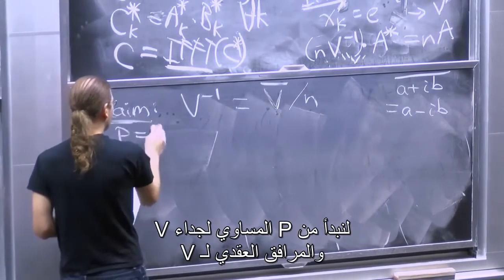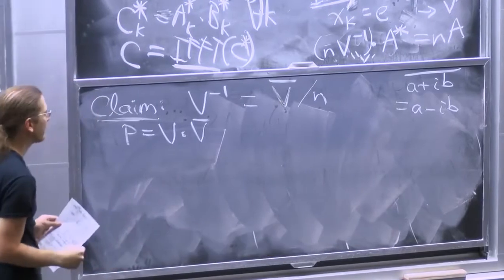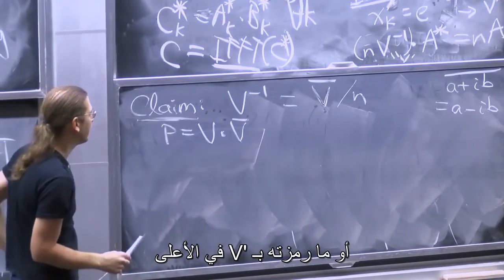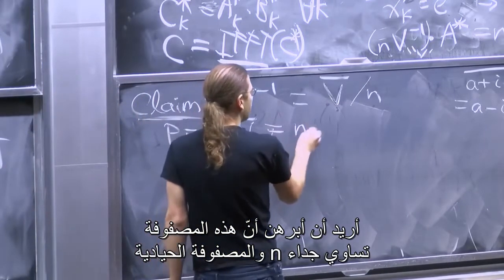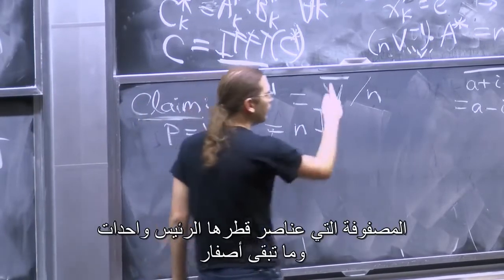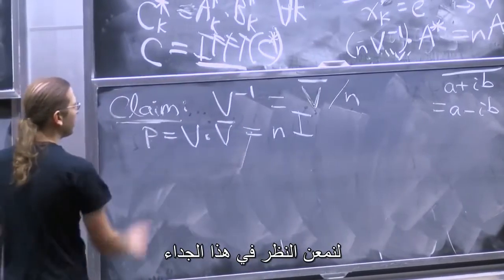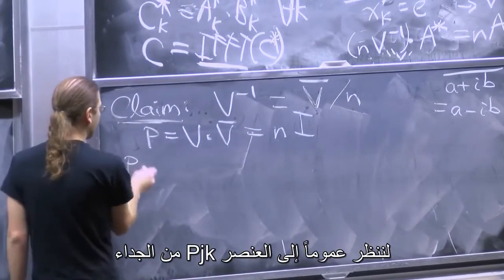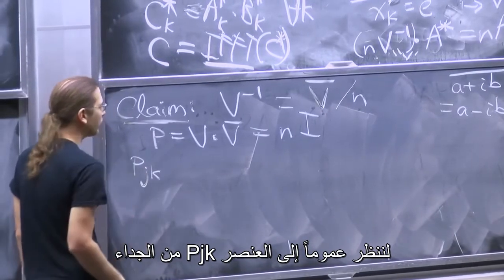Let's look at P, the product of V and V complex conjugate, what I was calling V prime up there. I claim that this thing is n times the identity matrix, with 1s down the diagonal and 0s everywhere else. So let's look at this product. In general, let's look at the jkth item in the product.